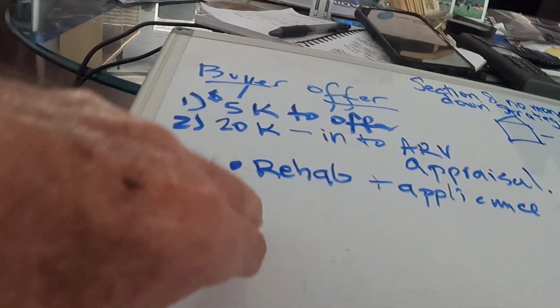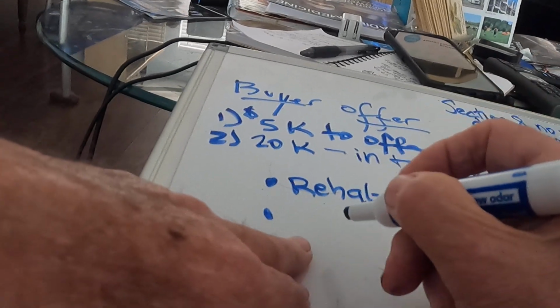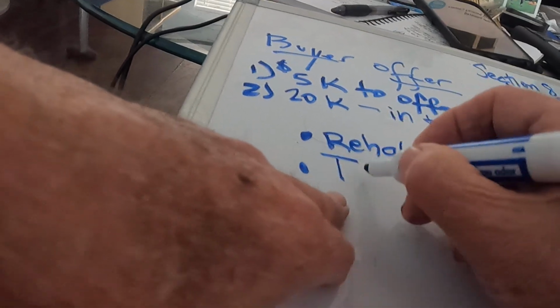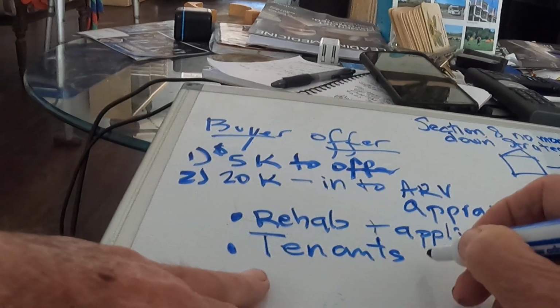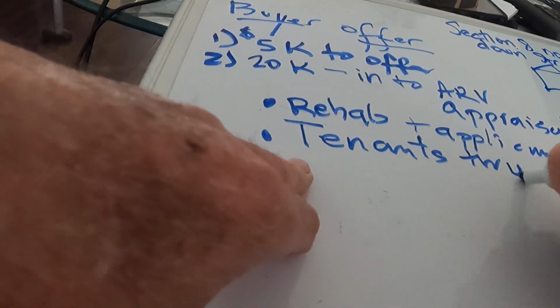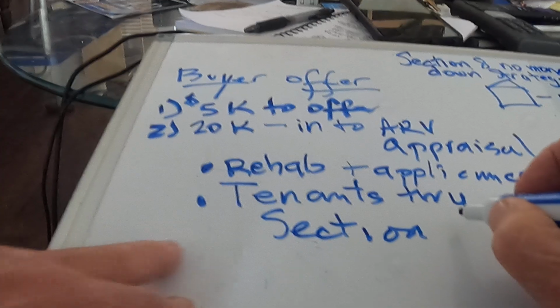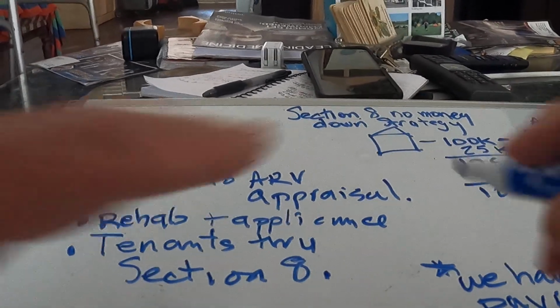And then the other one would basically be the tenants through Section 8. Okay, well, let's cut it off for here, and then let me know what you think about this.